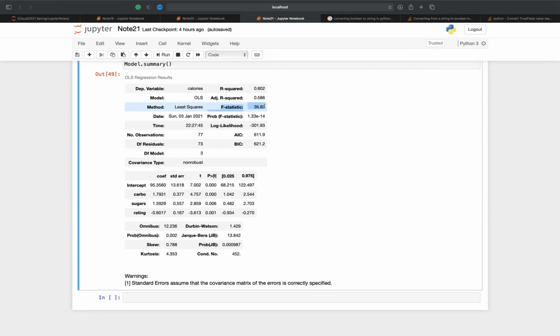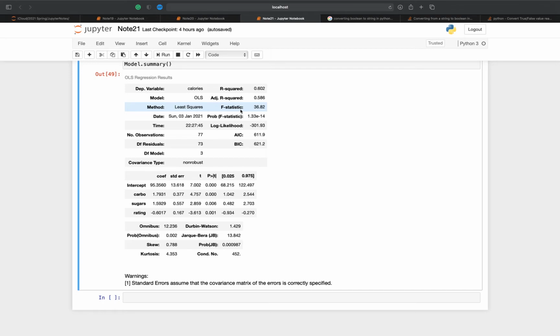If you look at the F statistic formula, it is the mean squared error of the model divided by the mean squared error of the residual. So this test statistic shows how significant the model is.